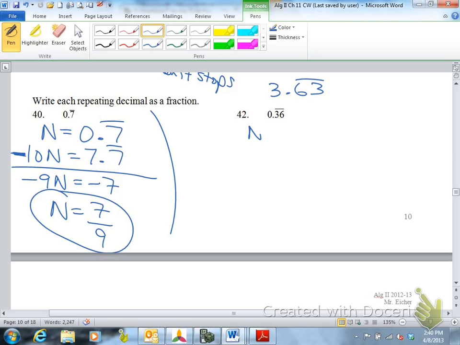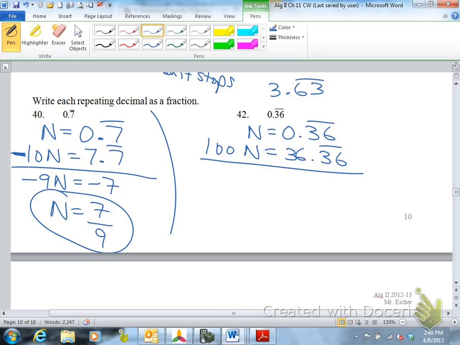So if this is your number, 0.36 repeating, you multiply by 100, and then you get 36.36 repeating. When you subtract, you get negative 99n equals negative 36. So n is 36 over 99, which you can divide by 9, and you get 4/11.